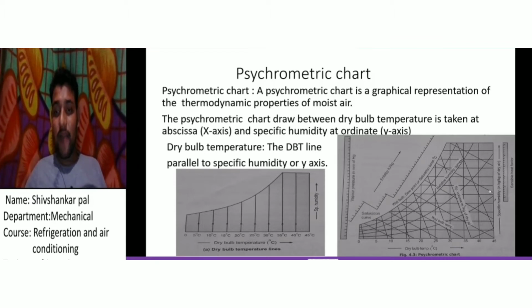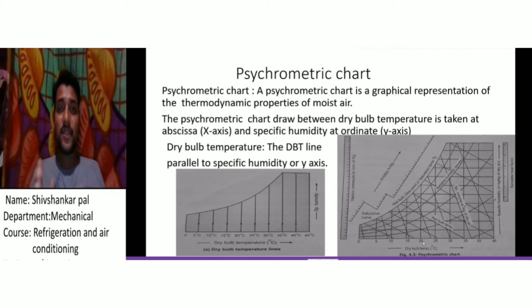The x-axis is the dry bulb temperature and the y-axis is the specific humidity or humidity ratio, given in kg per kg of dry air.